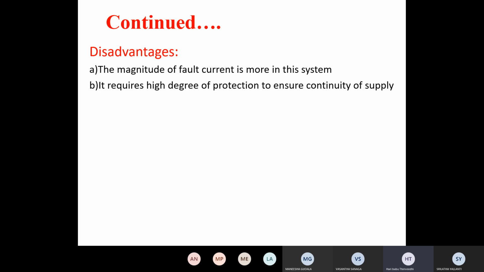Because the magnitude of fault current is more, so to protect all the equipment from that fault current we provide highly secured protection for each and every equipment, to provide continuity and reliable power supply to the consumers. So these two are the disadvantages of the ring main system.